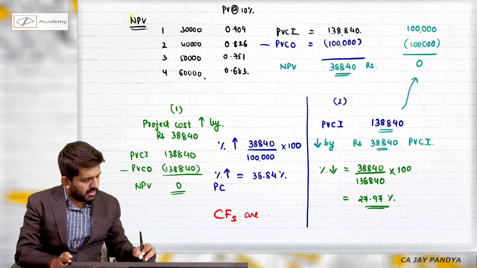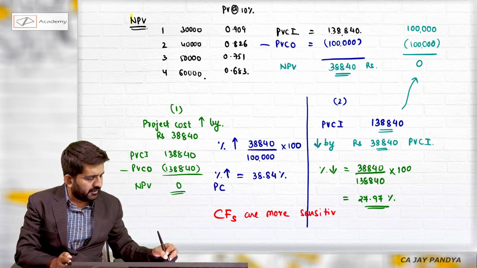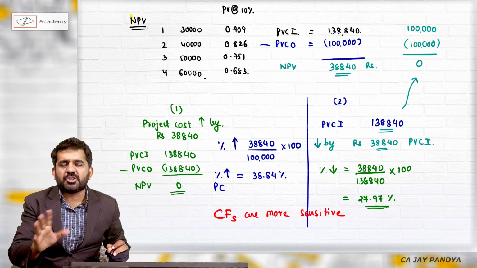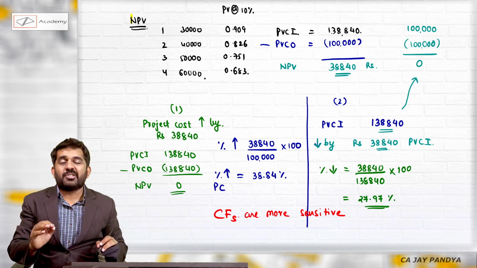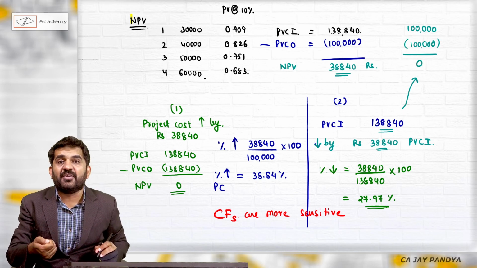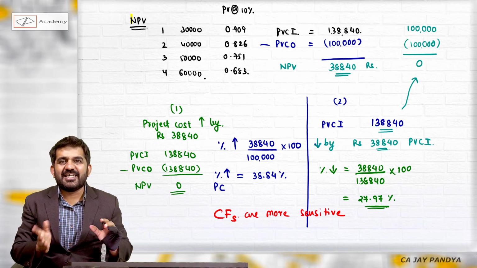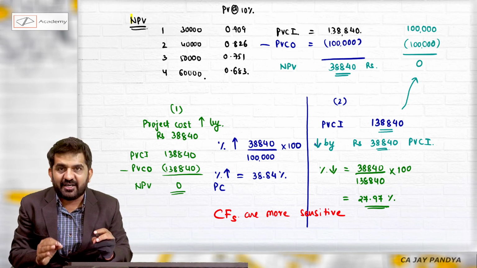Cash flows are more sensitive because by a change of approximately 28%, NPV is becoming 0. And in project cost, the change of 38.84% makes NPV 0. So this has changed the calculation of a normal question of sensitivity analysis.